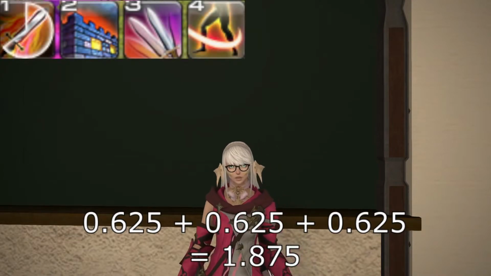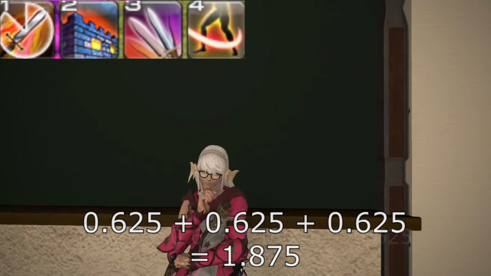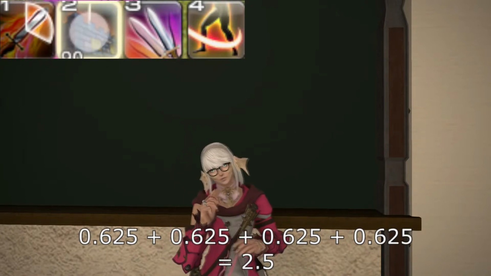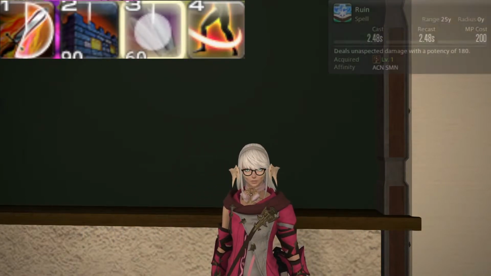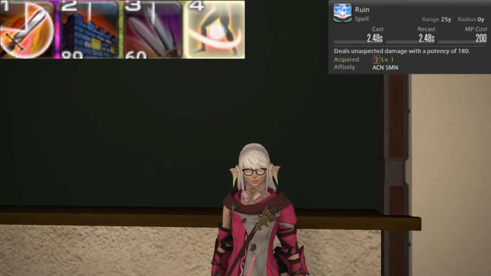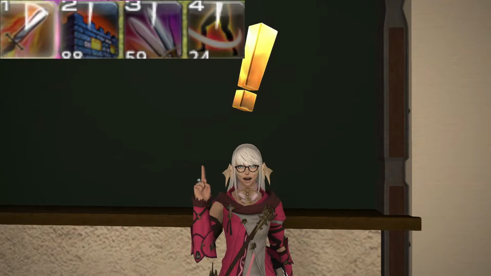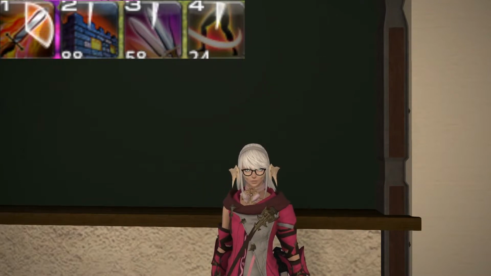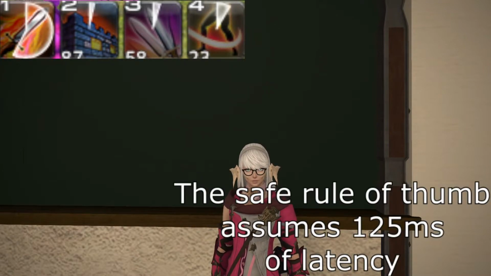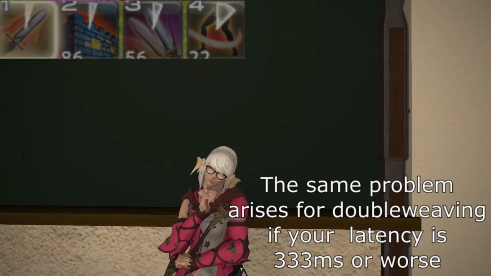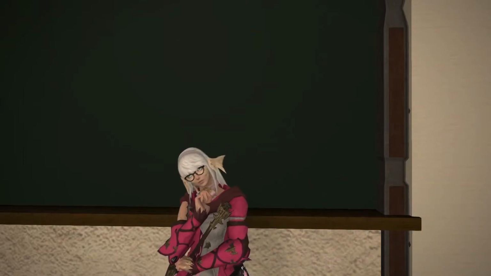If we do the same for the hypothetical triple weave, we get 2.5, which suggests we would have exactly enough time to do this, but most everyone has at least some speed on their gear, so that GCD will be less than 2.5 seconds. Not to mention that if your latency is anything over 0.125, then this would fail due to latency instead. The conclusion is that triple weaving is possible, but should be used only when absolutely necessary, such as for specific opening combinations.